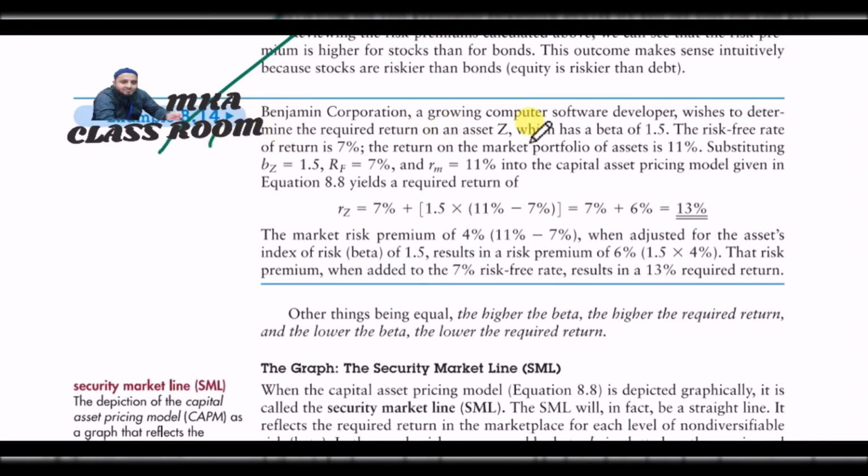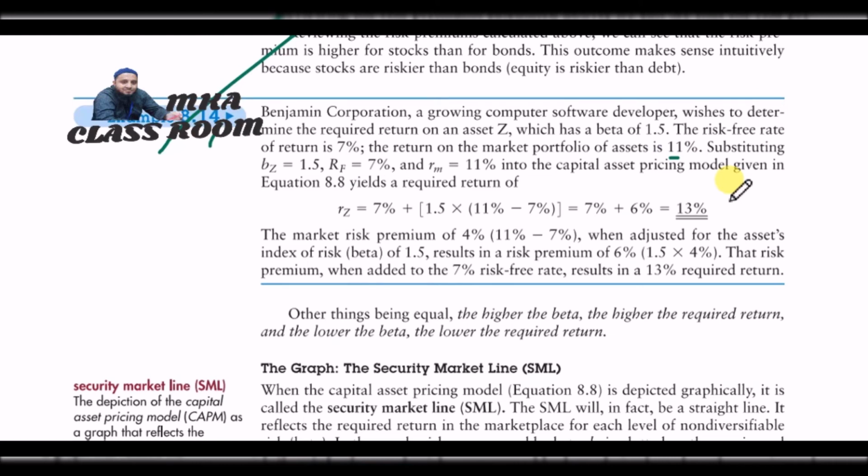Benjamin Corporation, a growing computer software developer, wishes to determine the required return on an asset G, which has a beta of 1.5. The risk-free rate of return is 7%, and the return on the market portfolio is 11%. Then what would be the required rate of return for this asset?